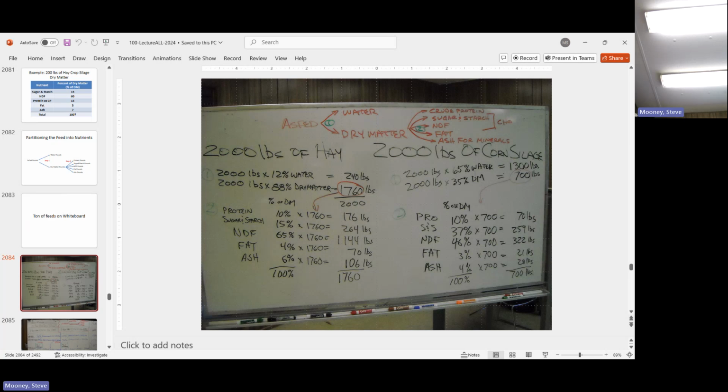We're going to start with a hay that's 12% water and 88% dry matter. What do we know about those percentages? They have to add up to 100, right?